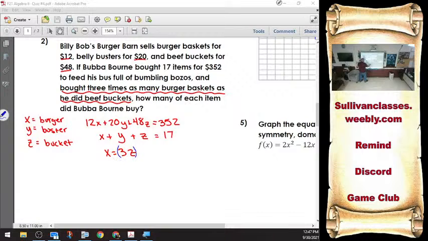If I say that x is this stuff, then I'm going to replace x with this stuff. I'm going to jam a 3z in here, making that 36z plus 20y plus 48z is 352. I'm going to jam it in there, saying 3z plus y plus z is 17.